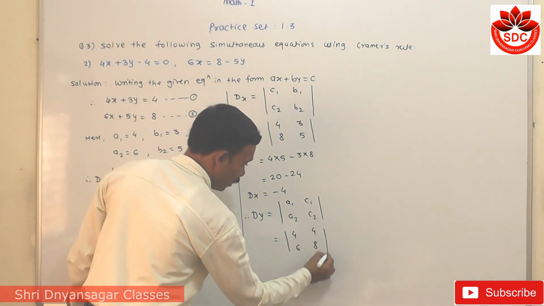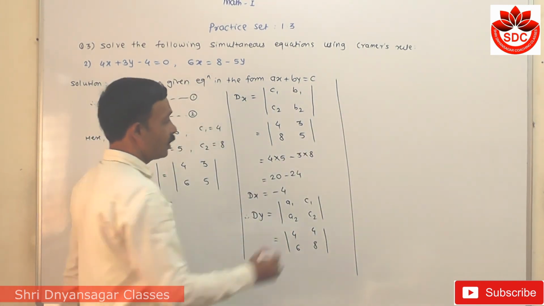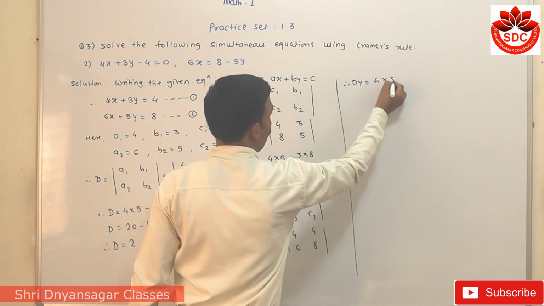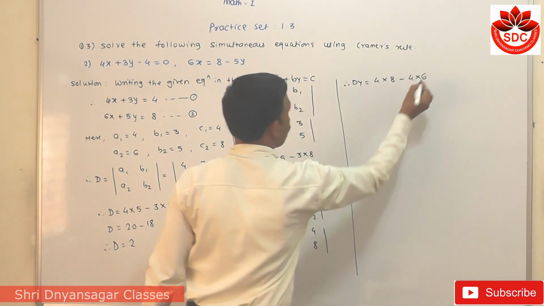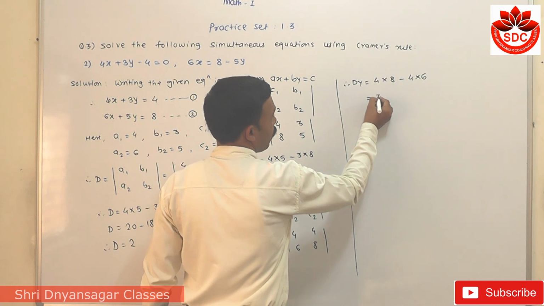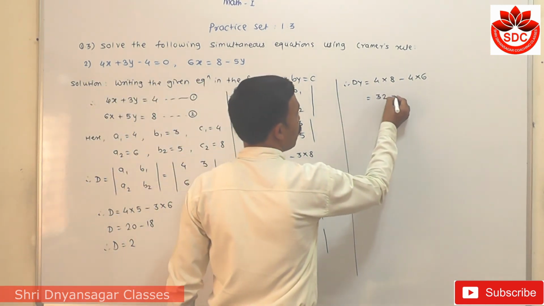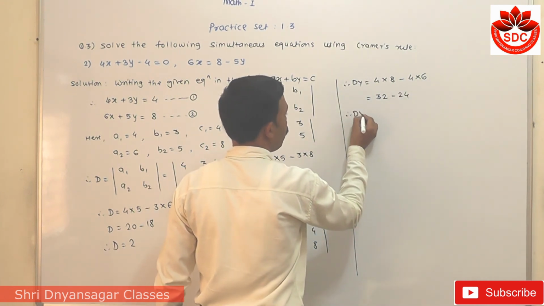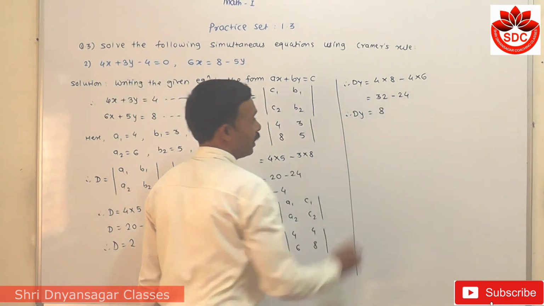Again take its cross product. Therefore dy is equal to 4 into 8 minus 4 into 6. 4 8s are 32 minus 4 6s are 24. Now the value of dy is, you have to subtract this, which means 8, because 32 is the bigger number.